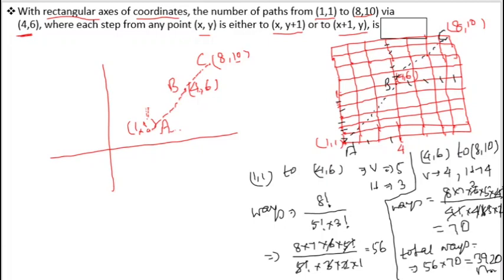So this will be our required answer. The answer will be 3920 ways. In 3920 ways, anyone can reach from 1,1 to 8,10 via 4,6. I hope this will be clear.